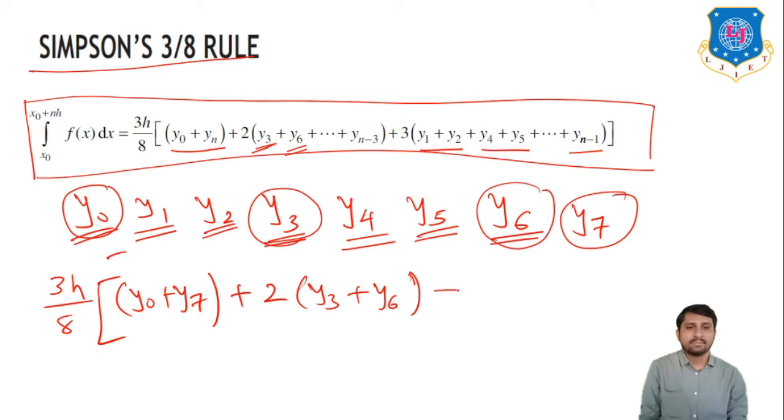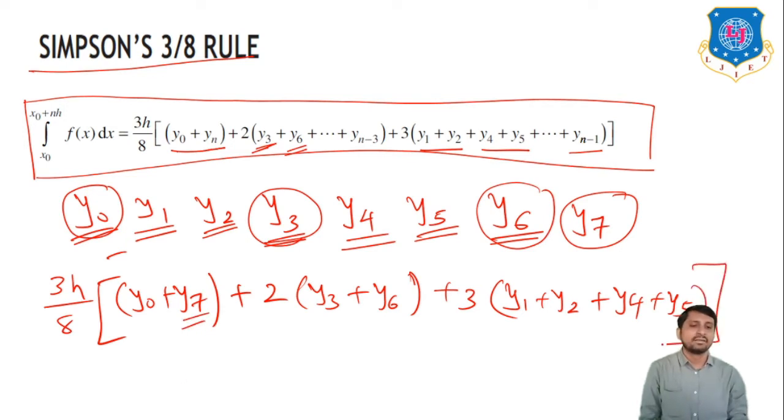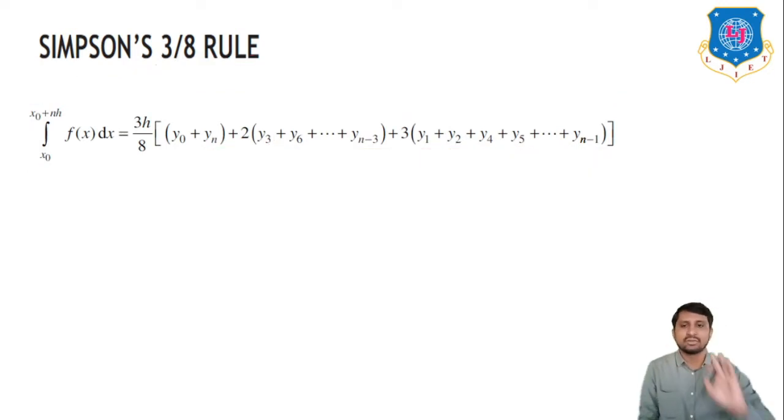And plus 3 into all the other entries: y1, y2, y4 plus y5. You cannot use y7 here because we already used it. So just y1, y2, y4 and y5. Clear? So this is the important formula you have to use, Simpson's 3/8 rule.